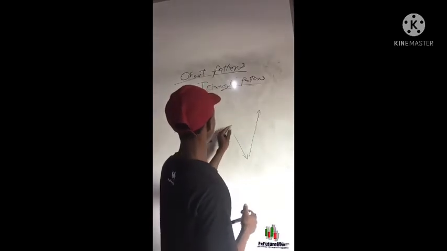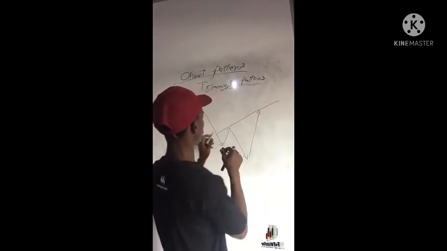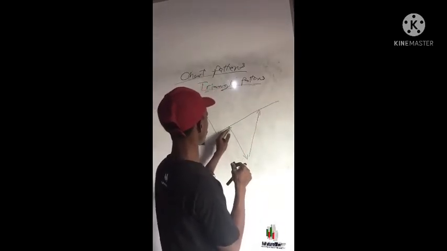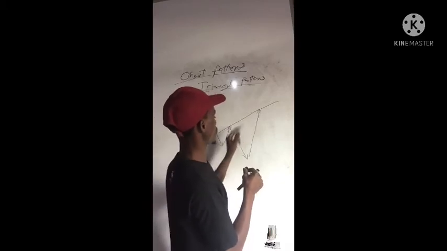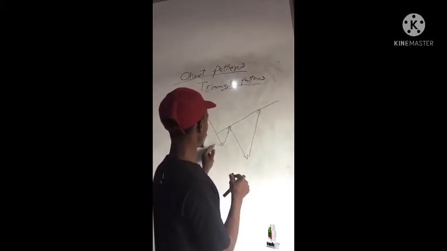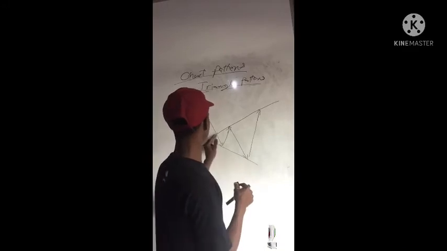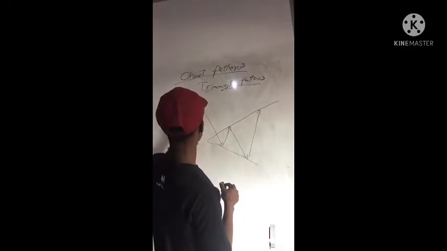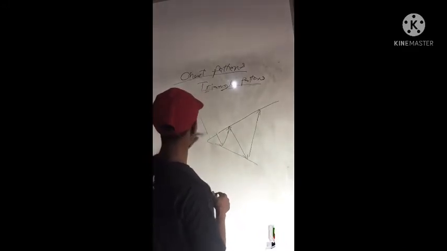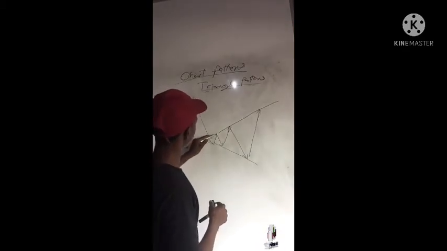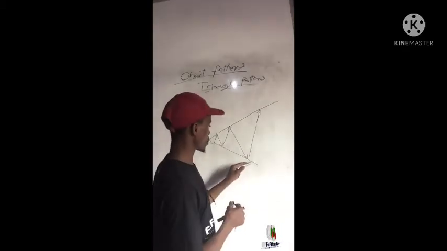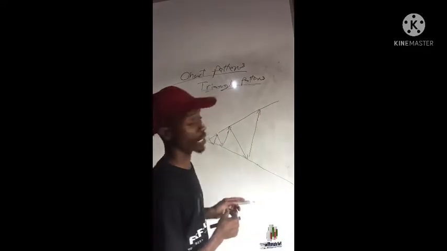So as you can see, I'm not perfectly drawing it, but it's supposed to touch here and then touch here. As you can see here as well, maybe it might start from here all the way, and then here, and then you see, guys, the market is getting bigger.